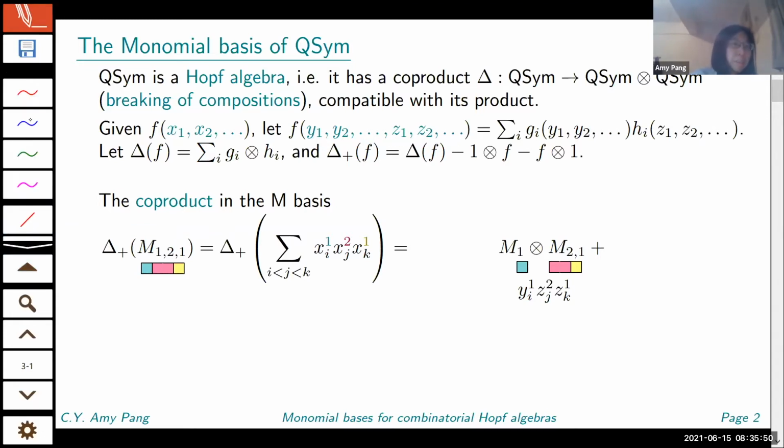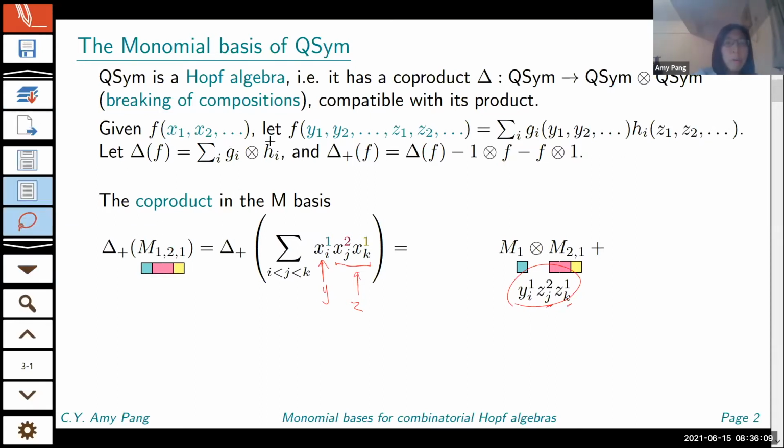So for example, I can make this first one into a y, and then the other two into z's. And so it would look like this. And then we still have that j has to be less than k, but because all the y's appear before all the z's, I don't actually have to specify how i is related to j and k. i can be anything now.